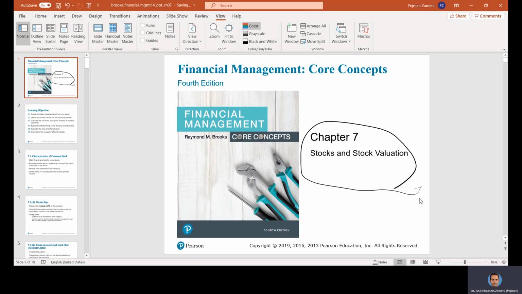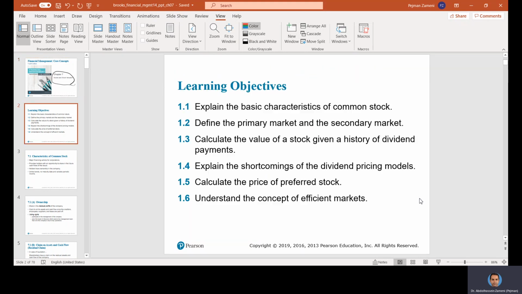After finding it, we compare it with the market price to decide whether we're going to buy, sell if we're holding the share, or keep it. That depends on whether the intrinsic value is higher, lower, or equal to the market price.